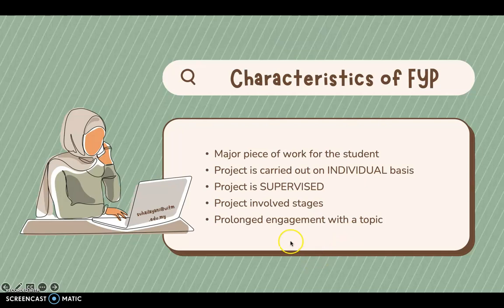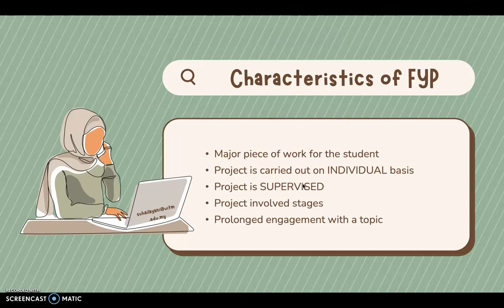However, this project is supervised by a supervisor or lecturer for that particular student. Usually it is one student, one supervisor, or the student can have 2 supervisors, where one is the main supervisor and the second is the co-supervisor. It could be an expert within their research domain.